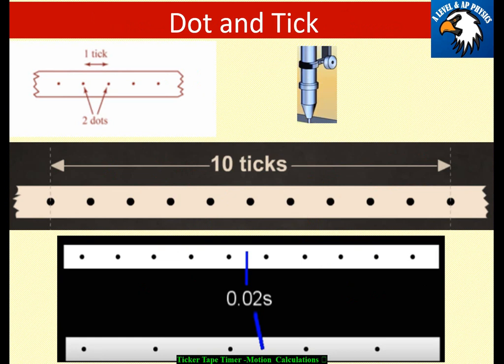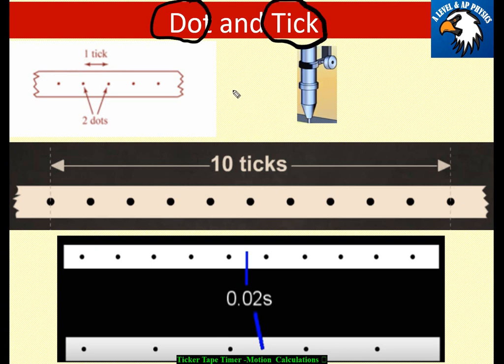Now here are a few points, but we have to be very clear. This concept has to be very clear. This is the base of the next concept, and all calculations of ticker tape timer are based on this very simple concept. So what is that simple concept? We need to understand what is a dot and what is a tick.